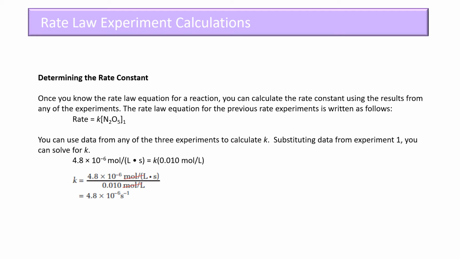So k works out to be 4.8 times 10 to the negative 6 mole per liter seconds divided by 0.010 mole per liter, which works out to be 4.8 times 10 to the negative 4 s to the negative 1.